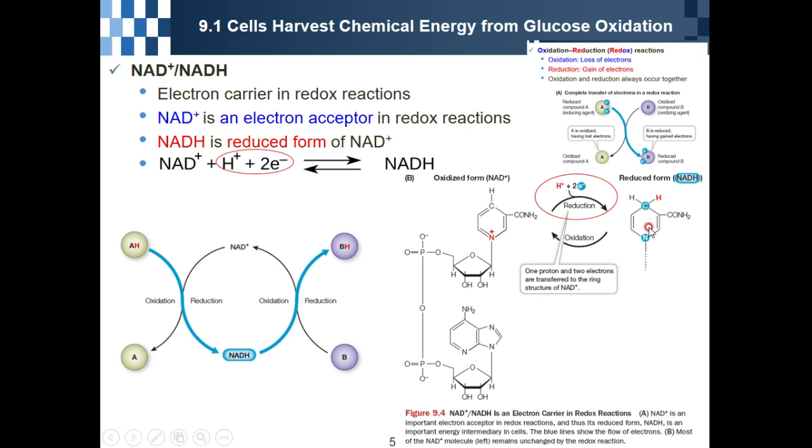After that, it makes NADH. So NADH is the reduced form of NAD+. Usually NAD+, 1 hydrogen, and 2 electrons make NADH like this.